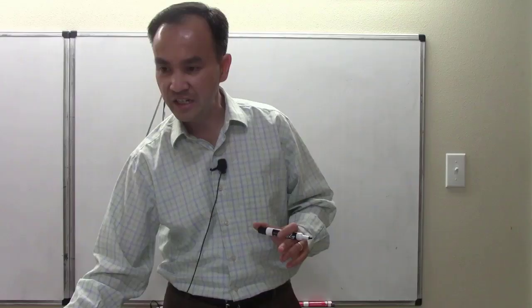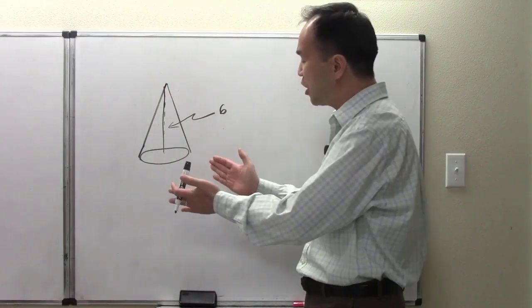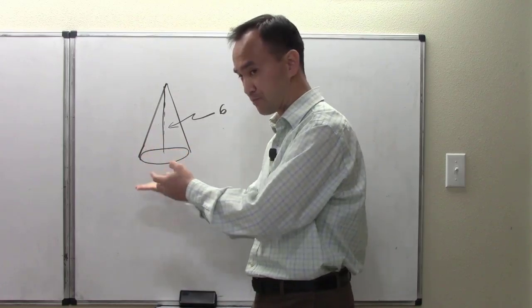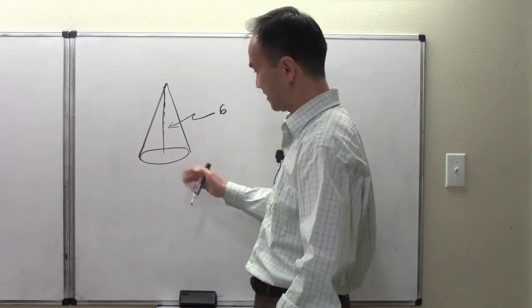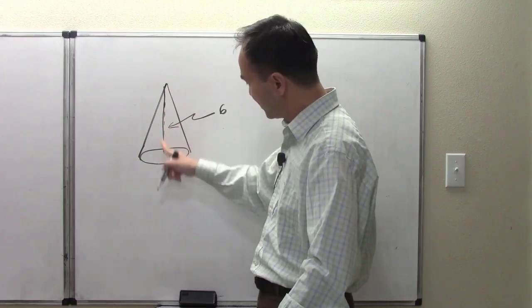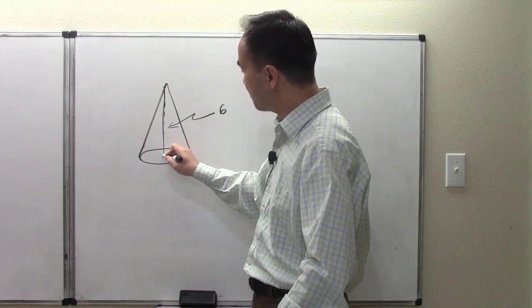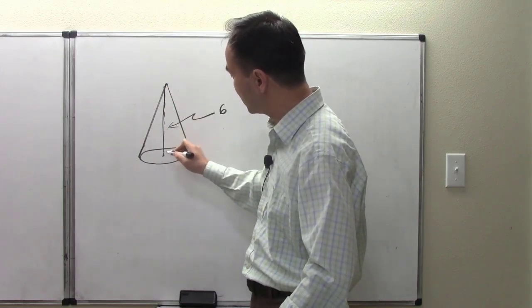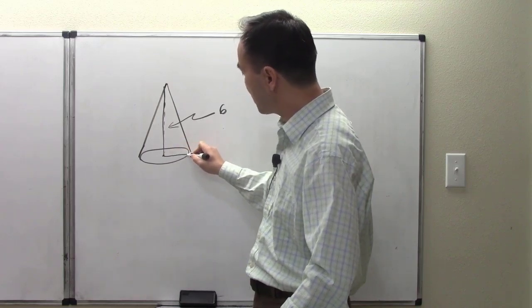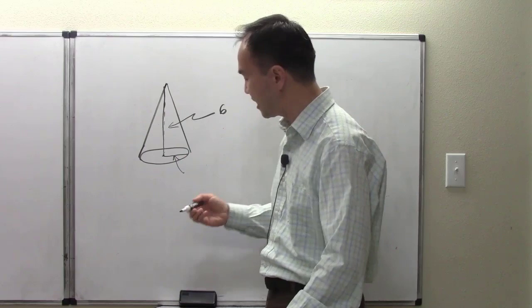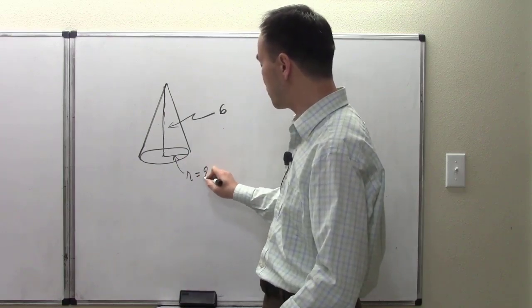Because the cone is circular, the base has to be a circle, and it's standing straight up. The base radius is from where that height drops down to the bottom part of the cone. That base circle has radius 2. That's what is meant by the base radius, so r equals 2.